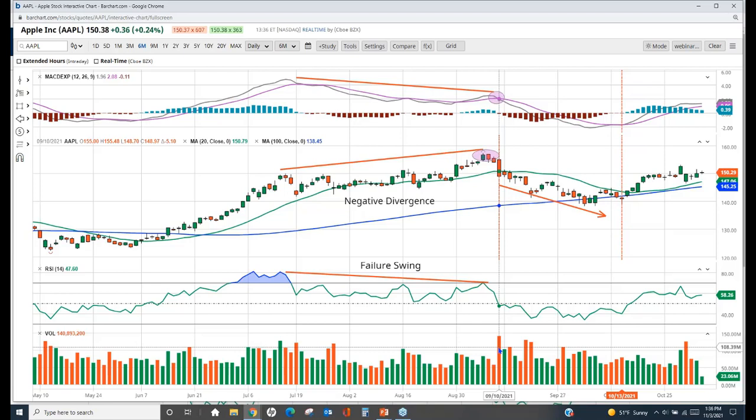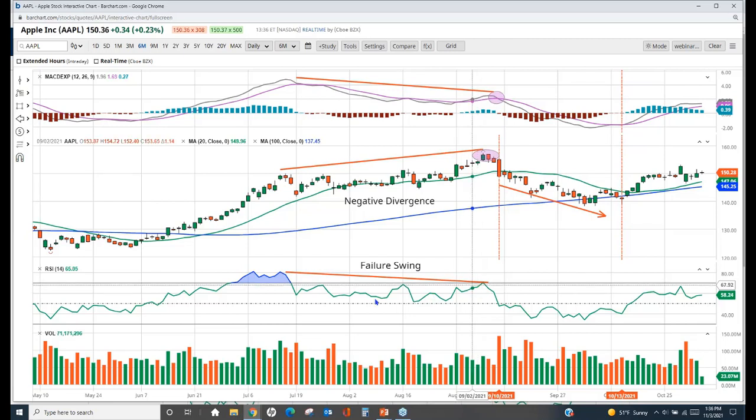Now, one of the other things we can look at is our RSI, and this is why this is complementary. Our RSI made a peak high here on this all-time high, and when we made the new all-time high, the RSI did not get back above the overbought level. This negative divergence is unique to RSIs, and it is called a failure swing.